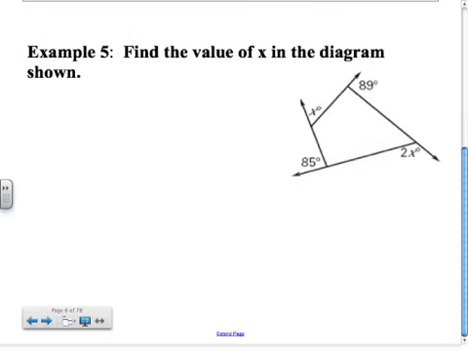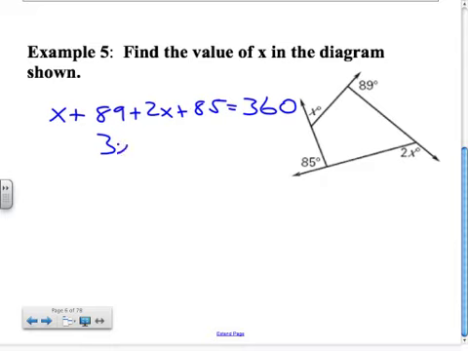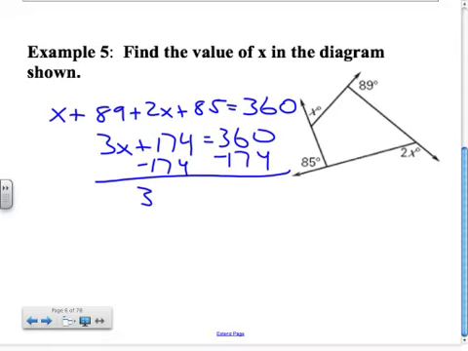So again, this is a pretty basic one, right? Given this polygon and the exterior angles, I know that x plus 89 plus 2x plus 85 has to add up to 360. So I get 3x plus 174 equals 360. Subtract my 174 from both sides, so I end up with 3x equals, I believe, 186.